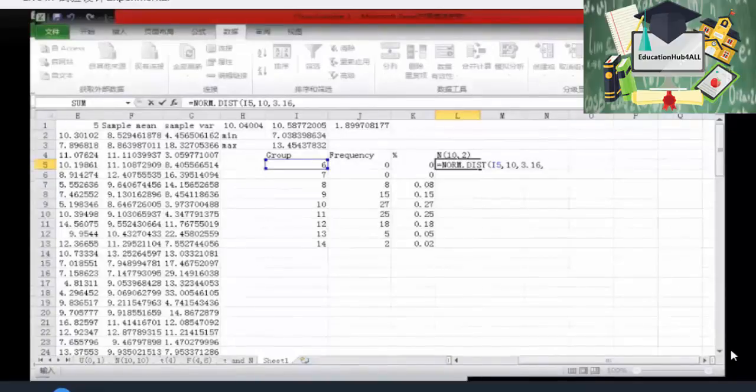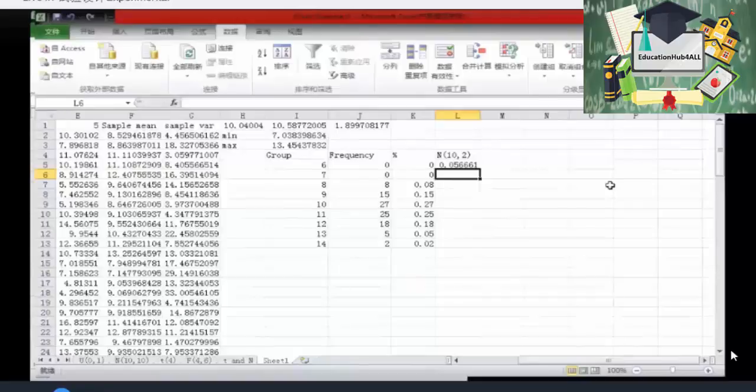Now, what does this value tell us? It's 0.5 something. 0.5 is what? It's this height or some area. It's a probability. So the true will give us the probability.